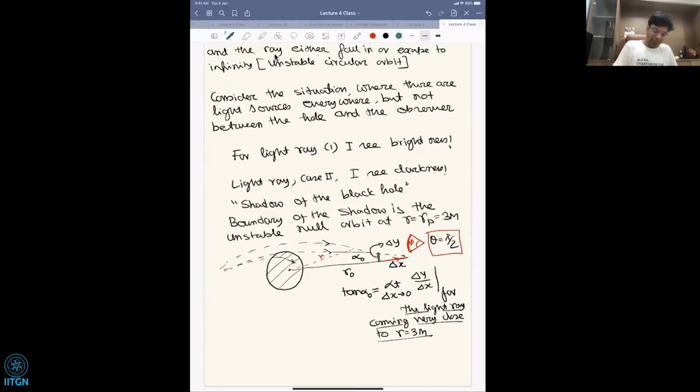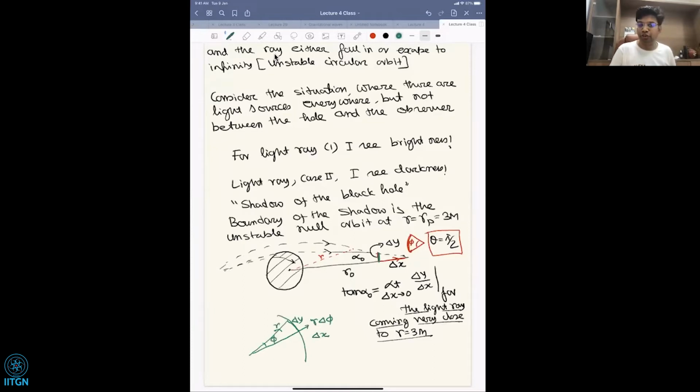Okay, think of a circle. If you're on a circle, moving along this direction, delta y will be r delta phi, if this is r. And if you move along the delta r direction, this is delta x.